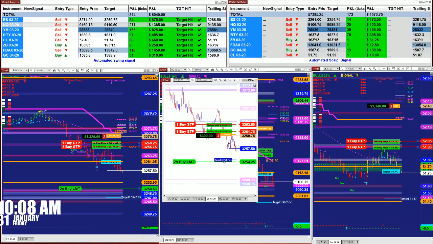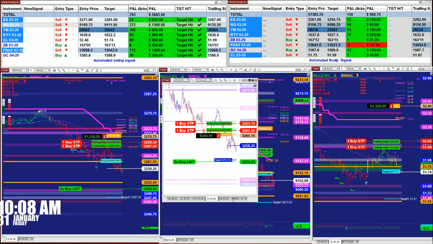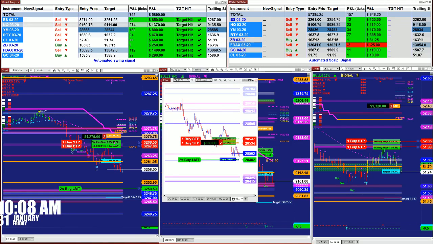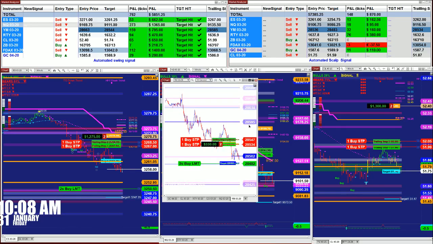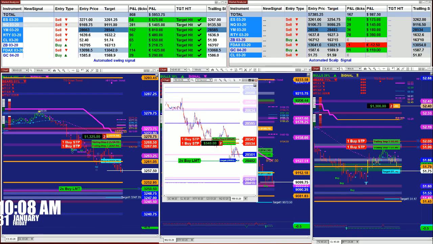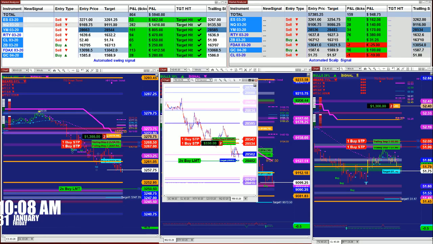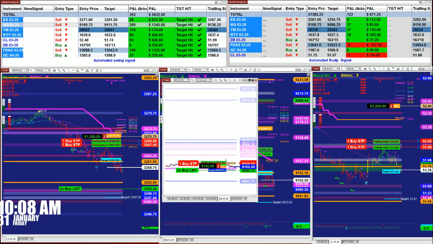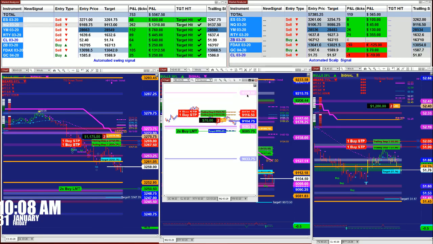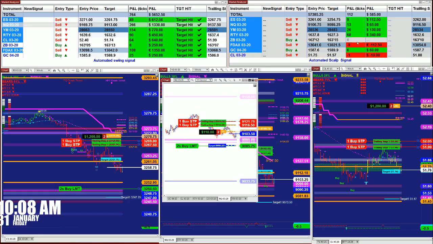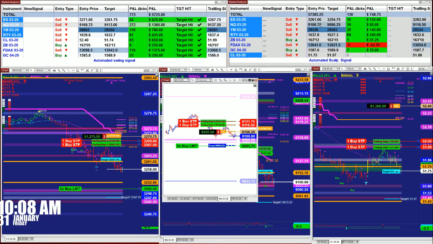And then the YM is 340. It got hit with this support area. And the Nasdaq, this is the scalping from the right upper corner, the market analyzer, this one here.